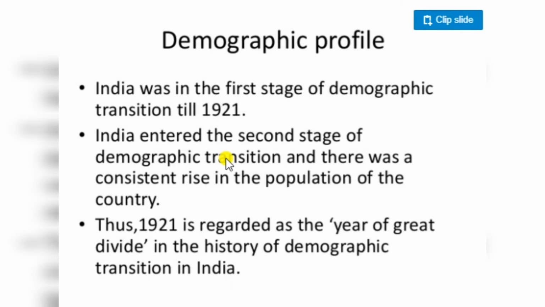If we talk about the demographic profile at that time, India was in the first stage of demographic transition till 1921. Then India entered the second stage of demographic transition, and there was a consistent rise in the population of the country. 1921 is recognized as the year of the great divide in the history of demographic transition in India.